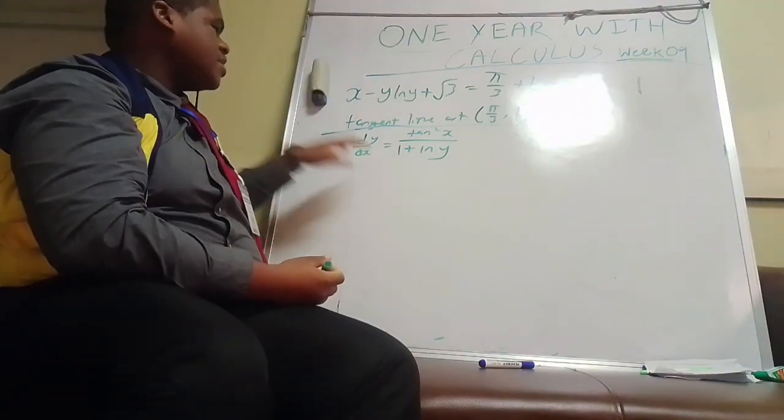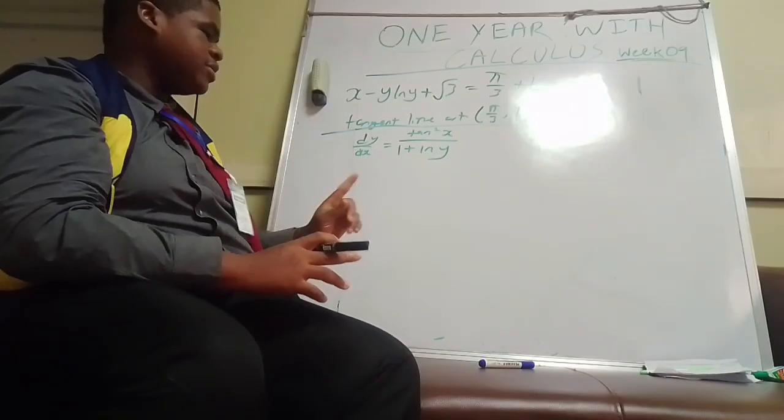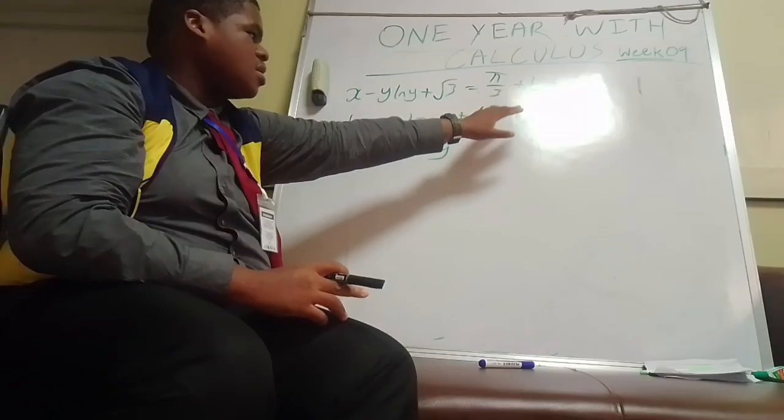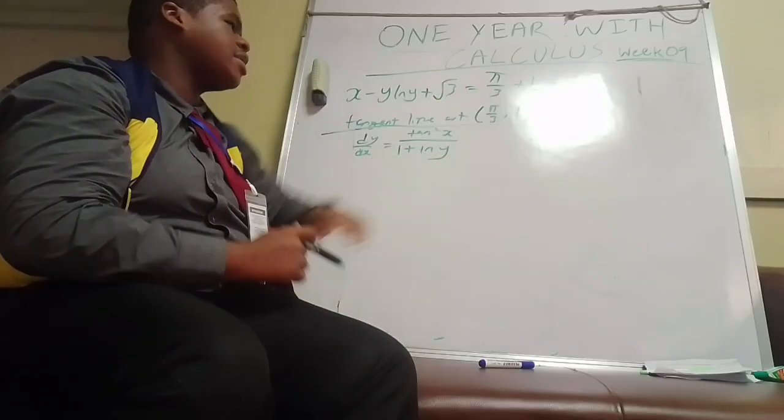But this is not a final answer. They did not ask us to find the derivative for all the points. They told us a specific point that we should find for, and that is pi over 3, 1. That's the point when x equals pi over 3 and when y is equal to 1.